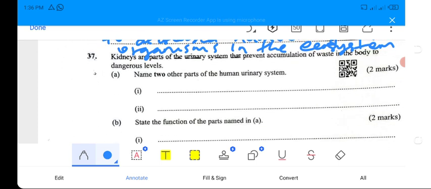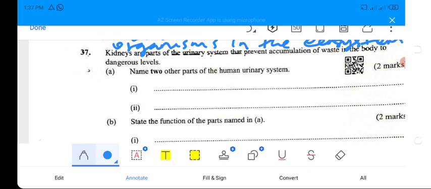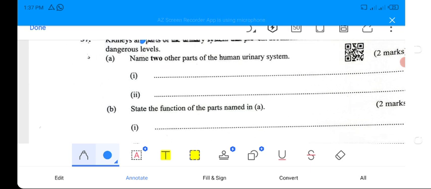Question 37. Excretion. Kidneys are part of the urinary system that prevent accumulation of waste into the body to dangerous levels. True. Name other parts of the human urinary system. So apart from kidneys, we have the ureter.